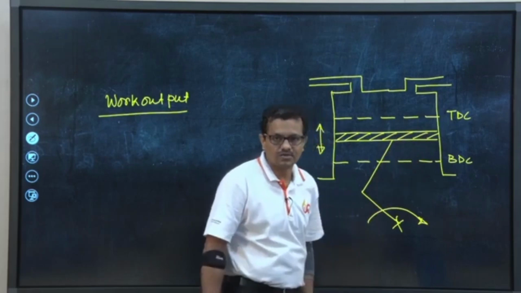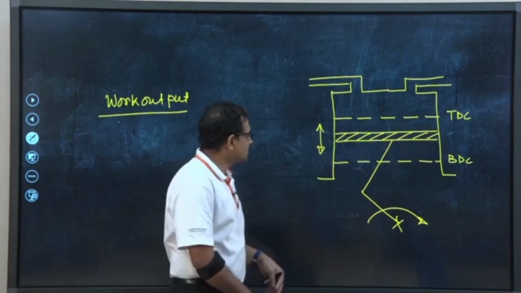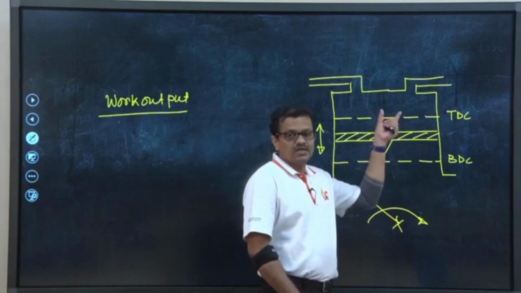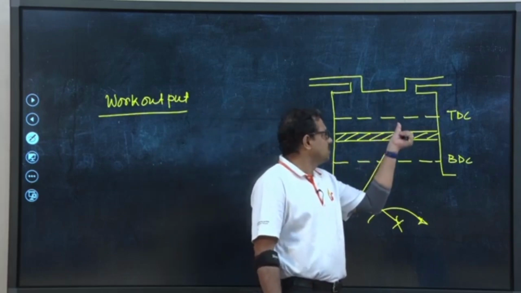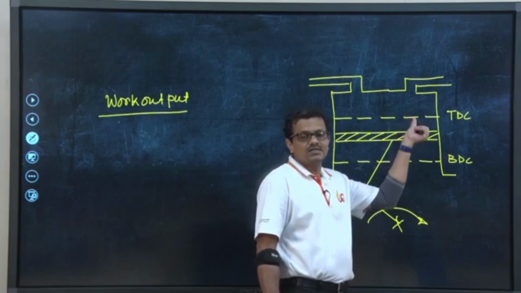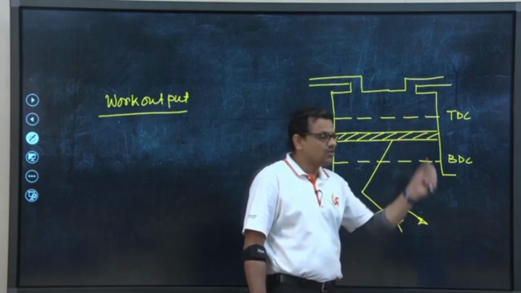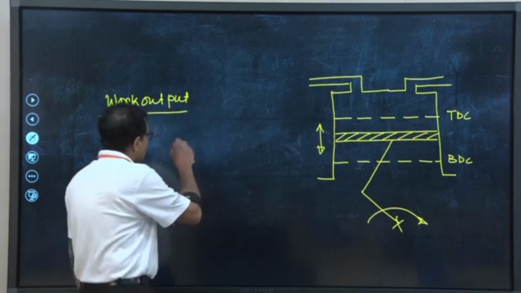So, we will be getting work output. This is the work which is generated by the gas inside the combustion chamber of the cylinder. So, this is the work output.